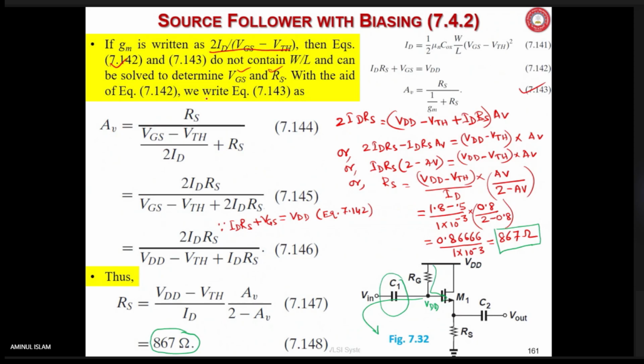From 7.142, we write this: AV equals RS by (VGS minus VTH by 2ID plus RS). Is it possible to write 1 upon GM? It was 1 upon GM here, right?